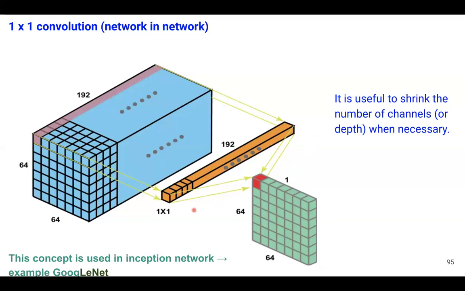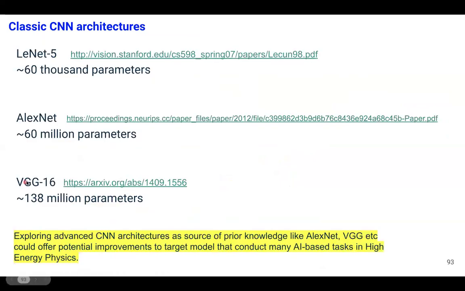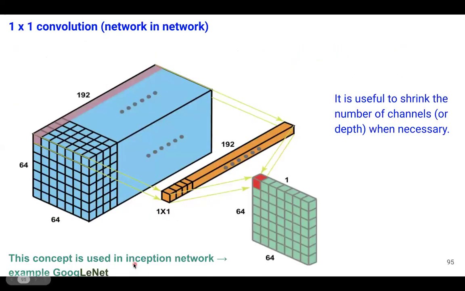You see in this slide that VGG has 138 million parameters, but GoogleNet, where it was first used, actually did not have that many parameters, although it was deeper than VGG as far as I can remember. Networks where we use this 1x1 convolution are also called inception networks.